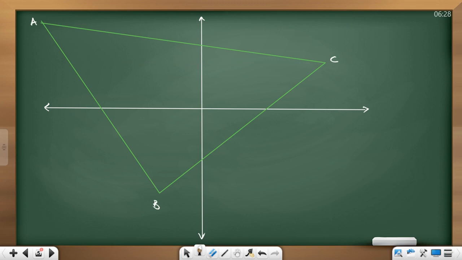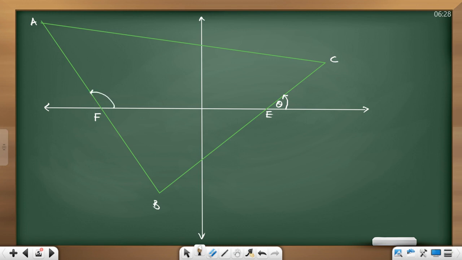So how do I measure the gradient of BC using theta? I have to go anti-clockwise from the x-axis. So let's call this theta. Let's call this point E, and this point F. Now, what about the gradient of AB?